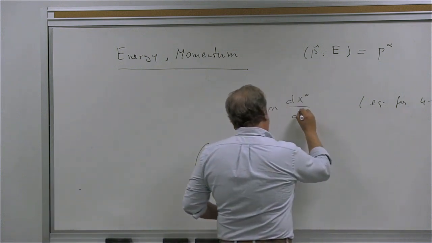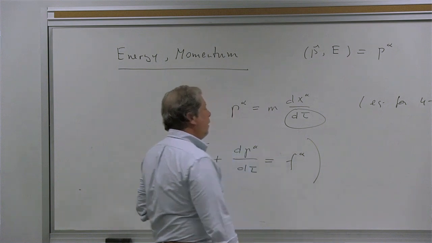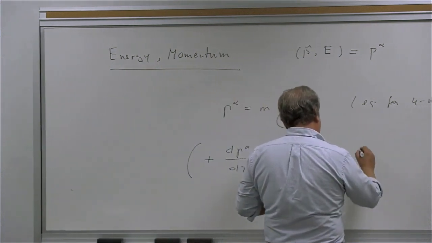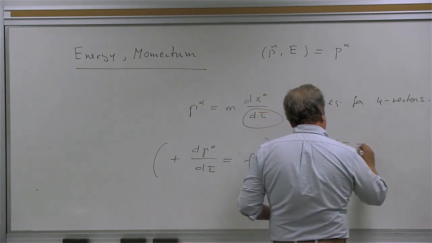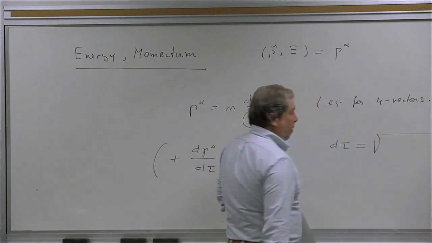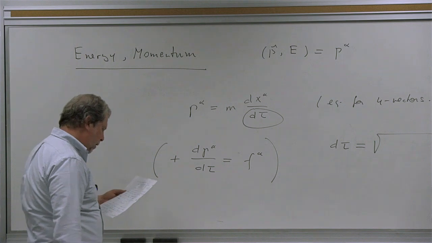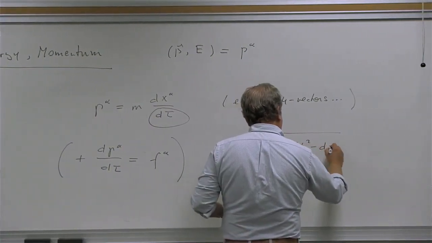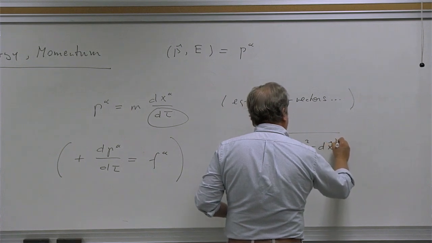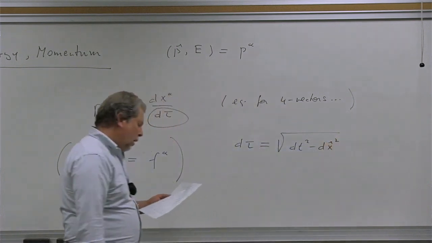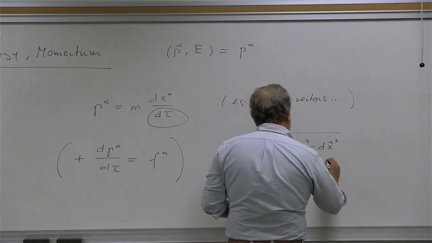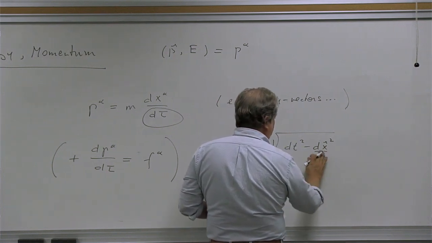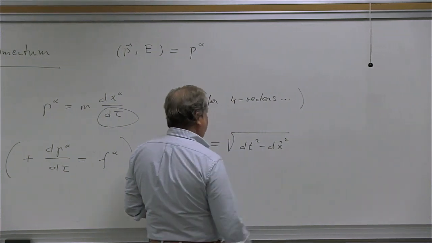So now if you really want, you can replace the d tau by the time increment, right? And so we write d tau as we have done already before in terms of the interval as the square root of dt squared minus dx squared. You can write it in this form. And now what we do is we divide by dt twice, so we divide by dt squared and multiply by dt squared.